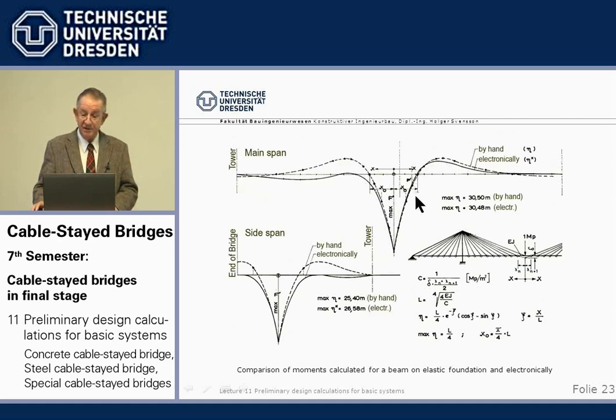And you see it's very, very close for the positive moment. So it works. It's not so good for the negative moment. There, the approximation with a beam on elastic foundation is not good. We don't need it for preliminary sizing. I just mentioned it. It comes up later.